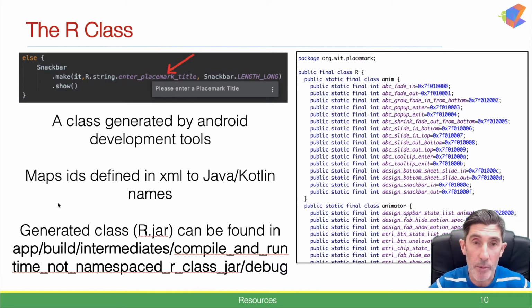So it's very important when you're working, especially if you're cutting and pasting XML into the raw file as opposed to working with the visual editor, to be very careful that you don't have any errors within it as you progress with building the app.